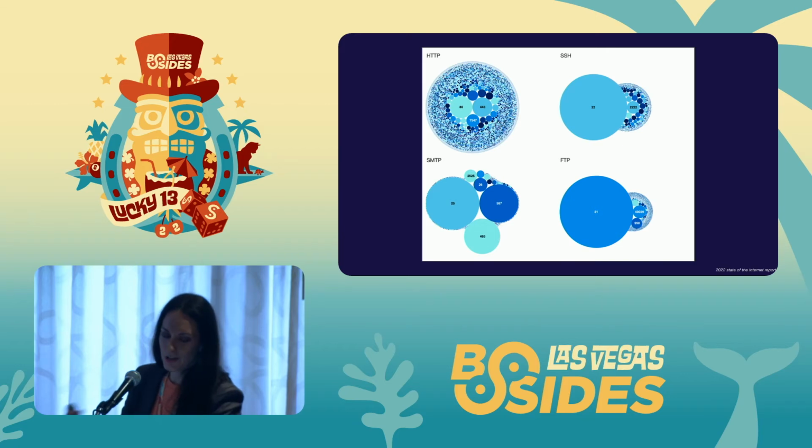And I say I hesitated to show this, but when I was doing this first pass analysis, this visual actually really helped me initially to understand the way some of these top services are distributed on the internet. So HTTP runs everywhere.